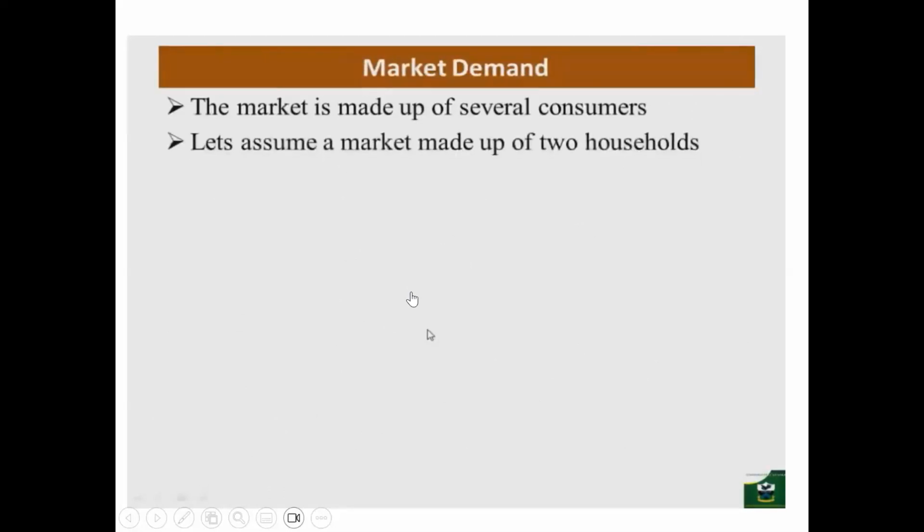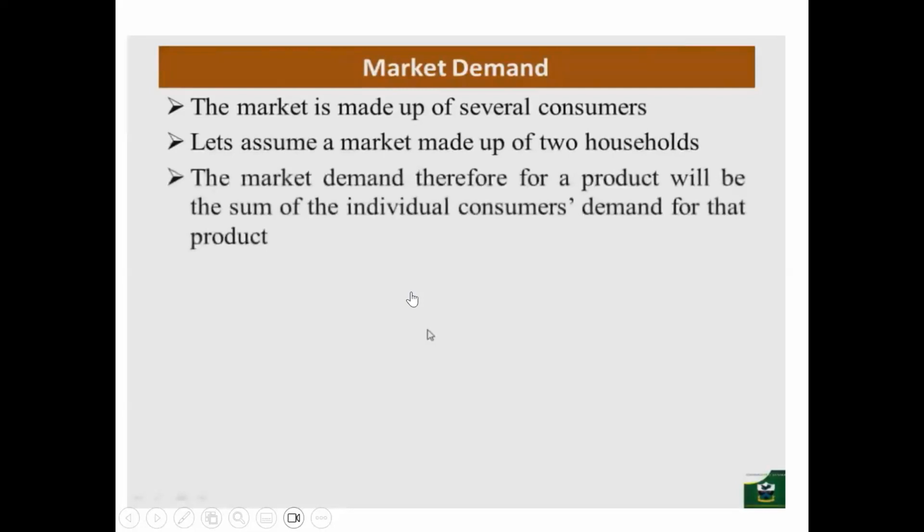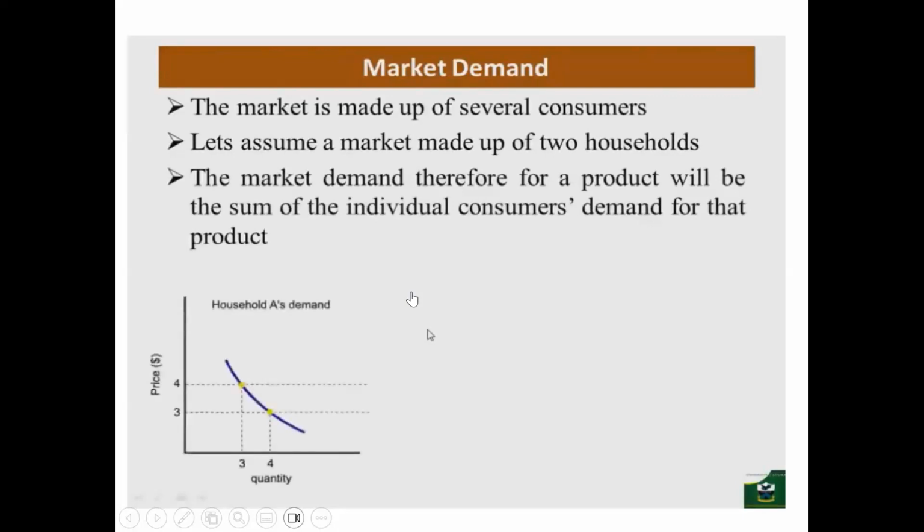Therefore, if we assume only two households, household A and household B, let's assume that household A demands 3 units when the price is 4, and 4 units when the price is 3, and household B demands 4 units when the price is 4, and 6 units when the price is 3.